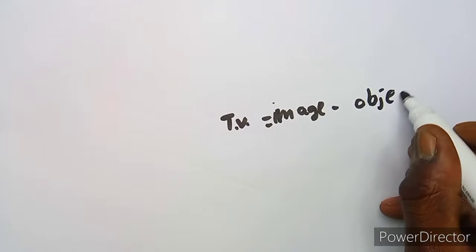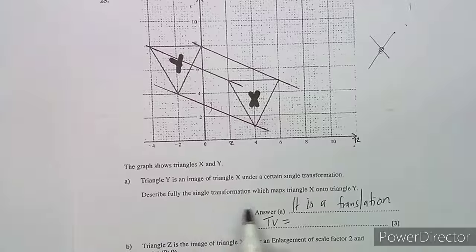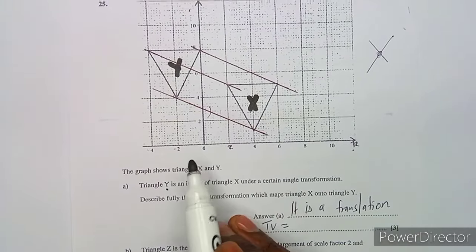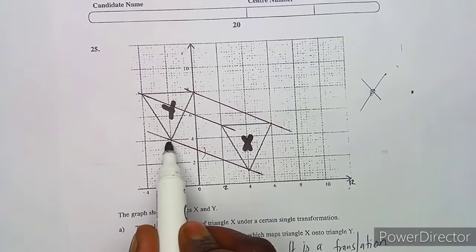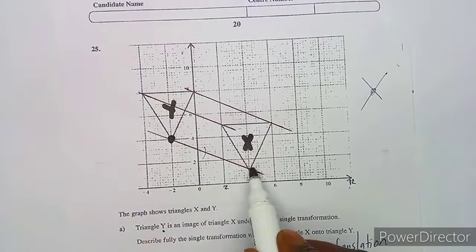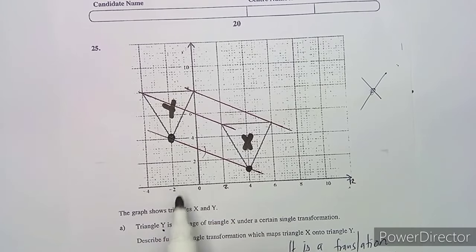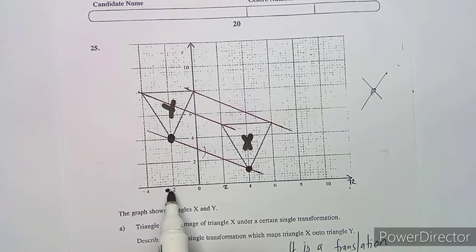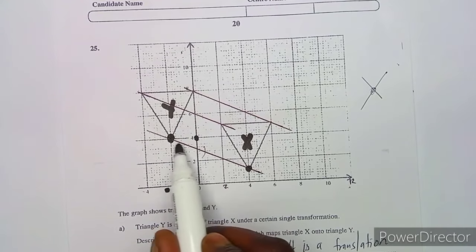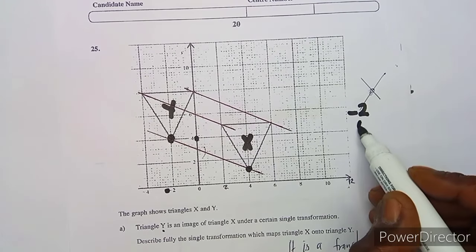You take corresponding points. We are given that triangle Y is the image. So this point on the image is (-2, 4), but you write it as a column vector, (-2, 4).